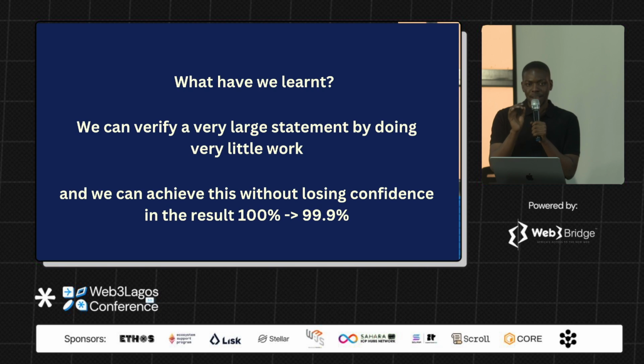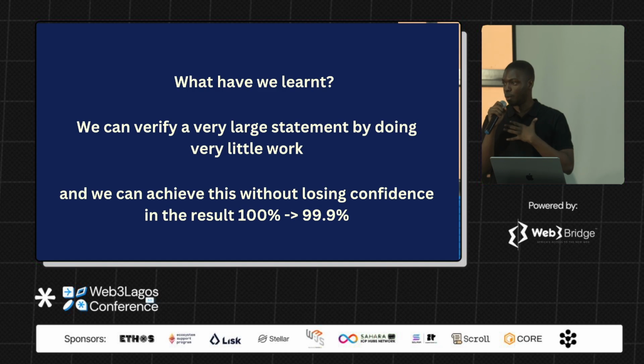So the main idea behind ZK, right? One application of ZK is that I have compute. I want to do some computational work. Let's say I want to add up 500 numbers, or figure out some very complicated function. But I'm just a phone, right? So I don't have the computational resource to do that.